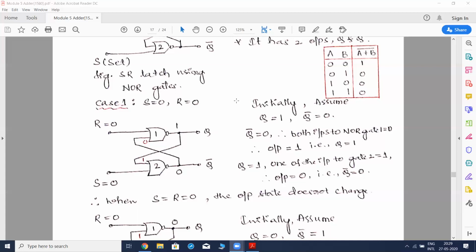So we take Q as 1 and Q bar as 0. We know that outputs must be complement to each other, is it not?